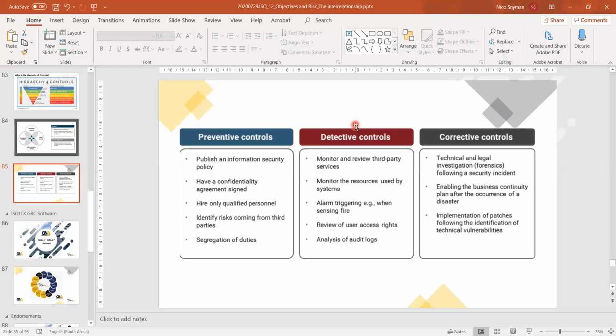Also, when you are away from your house, you've got an early warning system that is working for you with your alarms. And then your corrective controls work with every kind of technical, legal, investigative and forensic control to bring the control back to the desired state.